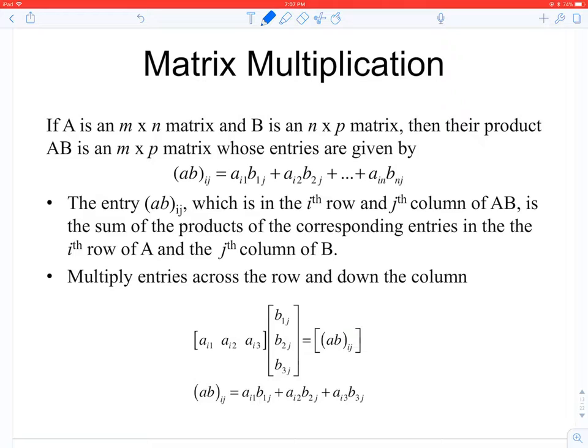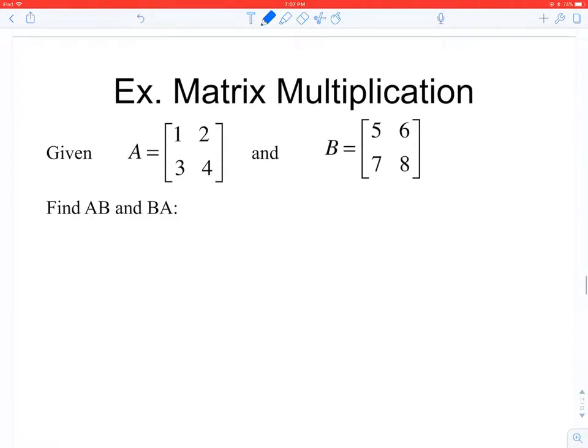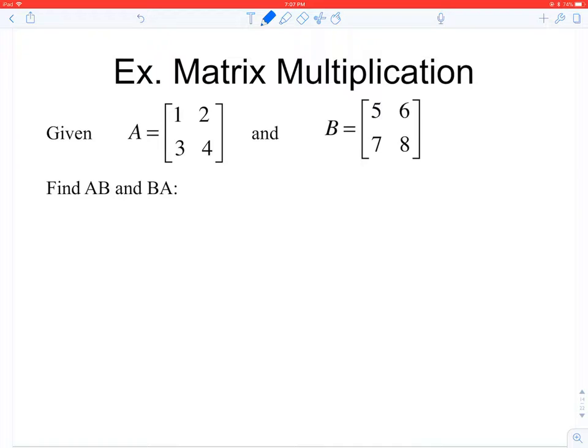Okay, so matrix multiplication is a little trickier than matrix addition or subtraction. And I already mentioned that we're going to be using the row by column method. I think that this will make more sense once we actually go through an example.